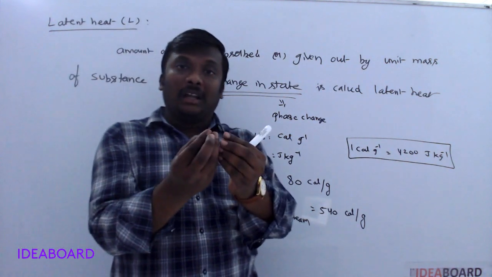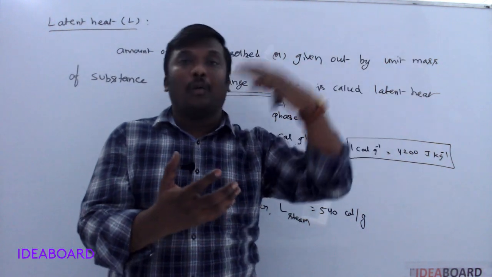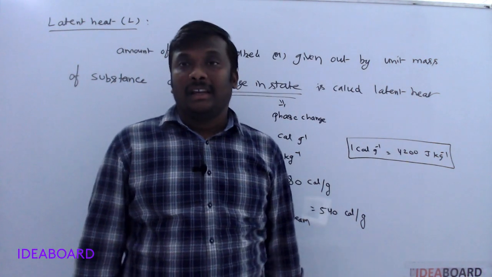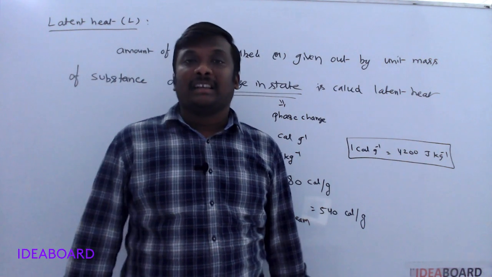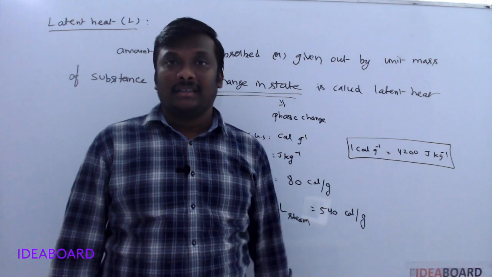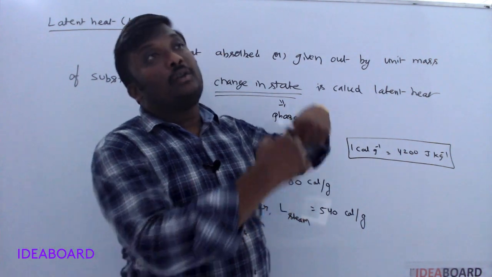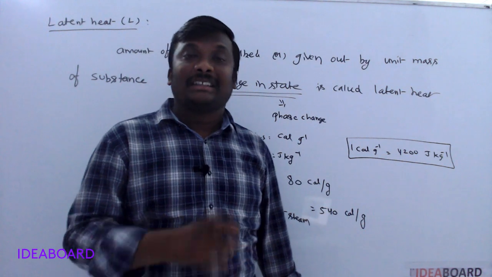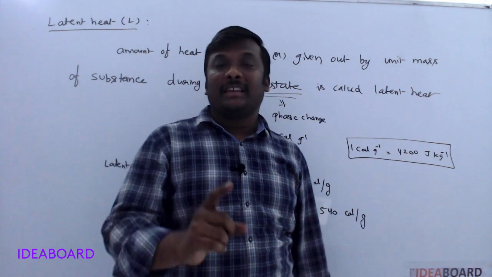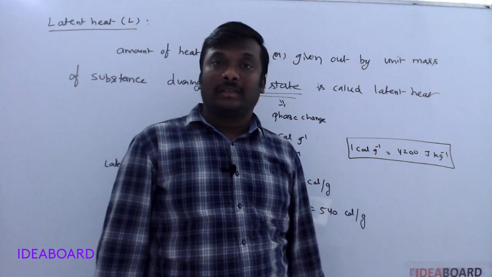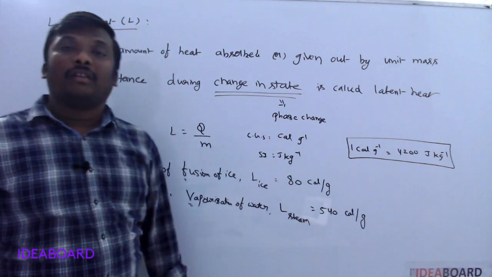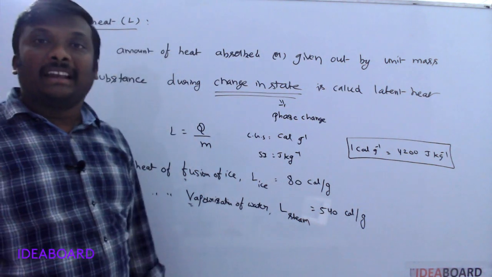Converting water into vapor or vapor into water requires more heat. That's why steam at 100 degrees Celsius is more dangerous than water at 100 degrees Celsius. In order to convert water into steam it takes more heat, so at the same temperature steam is more dangerous than water. Okay, this is about latent heat. Clear?